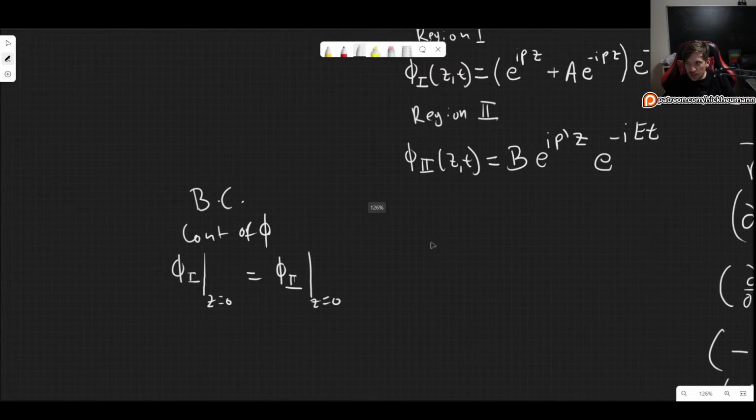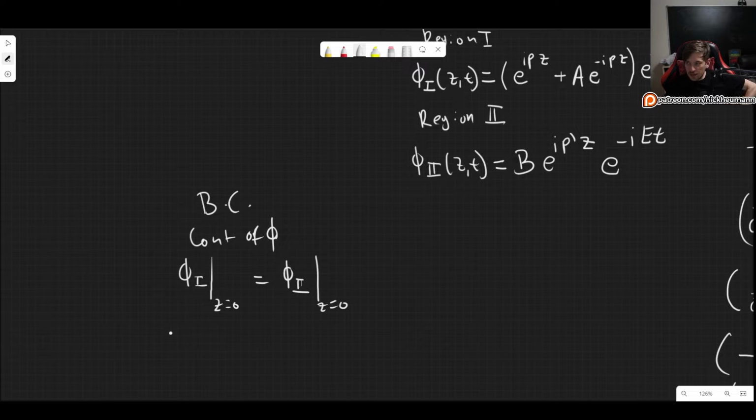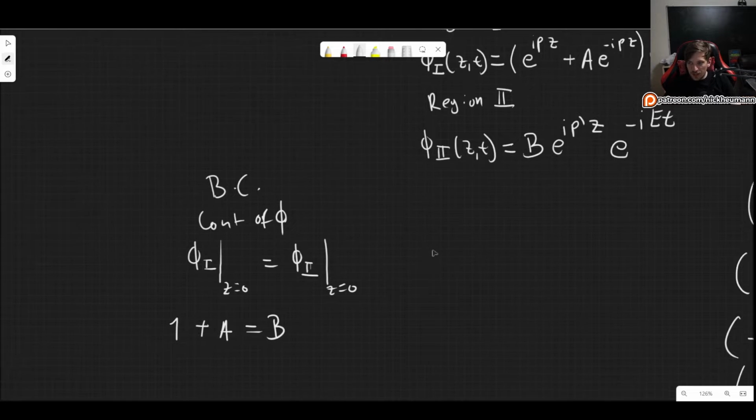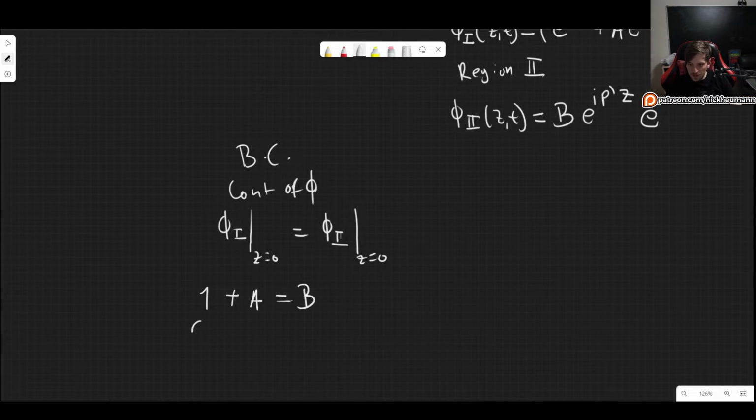Taking a look at the wave function that we have, you may not see it entirely, but you can see it from before. We get e to the ipz, which will give us 1 at 0, plus a has to be equal to b. And then we have the condition for the continuity of dphi/dz evaluated at z equals 0.